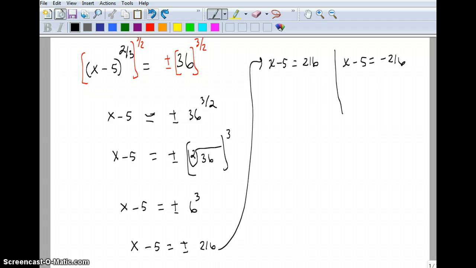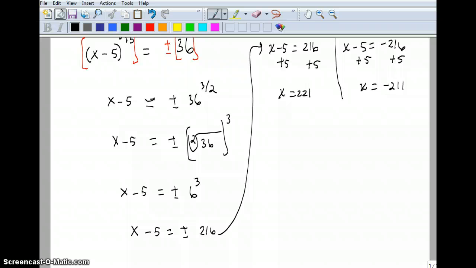And then we just solve each of these little guys. We add 5 here to both sides to get x is equal to 221. Same thing here, add 5 to both sides. We get x is equal to negative 211. So these are the two solutions we've come up with.